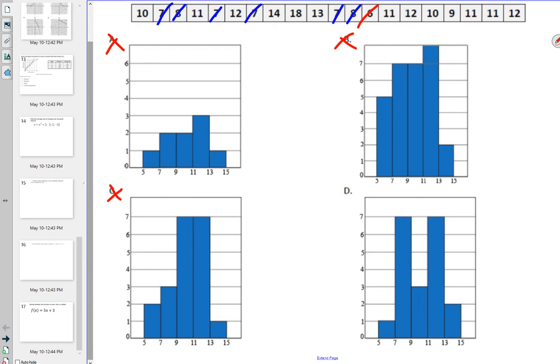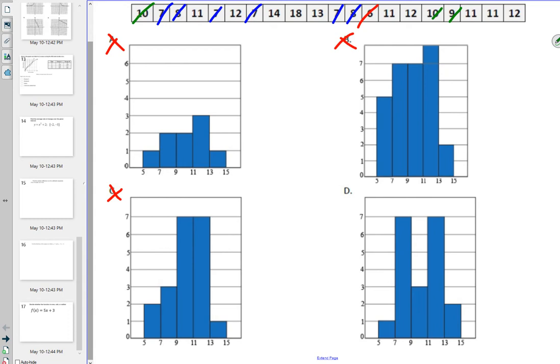And let's see the next one. Nines and tens. One, two, three. So I'm only seeing three there. There's not even 18s here.